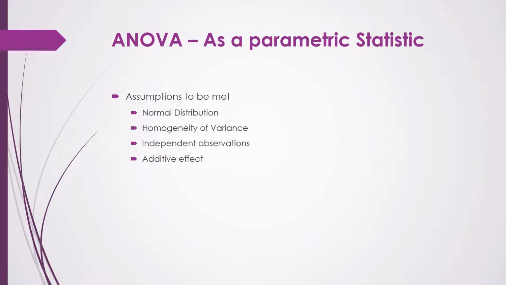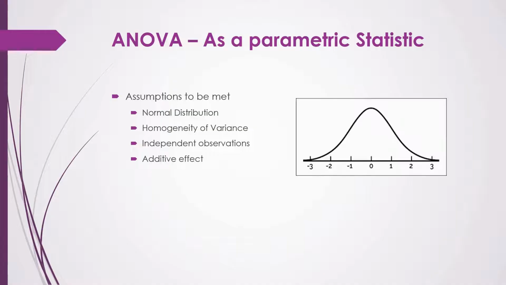This means if you plot all your observations on a graph, you will get a bell-shaped curve like this. This is a bell-shaped curve. So, if you plot all your data and you get this kind of curve, then what you're dealing with is a parametric statistic. And if it doesn't make a bell-shaped curve, then it is a non-parametric statistic.